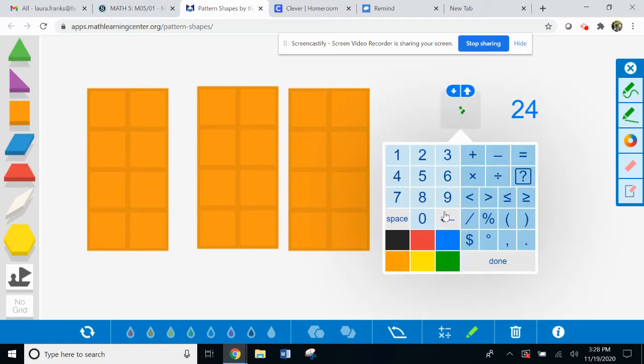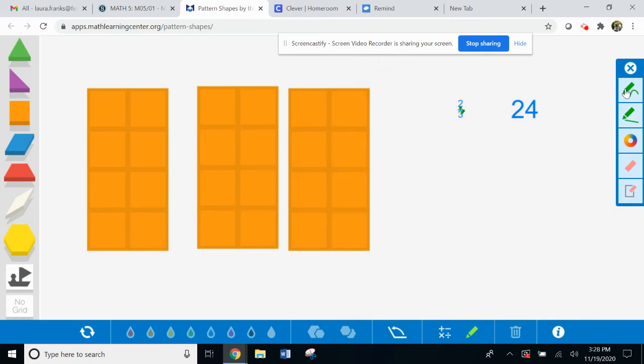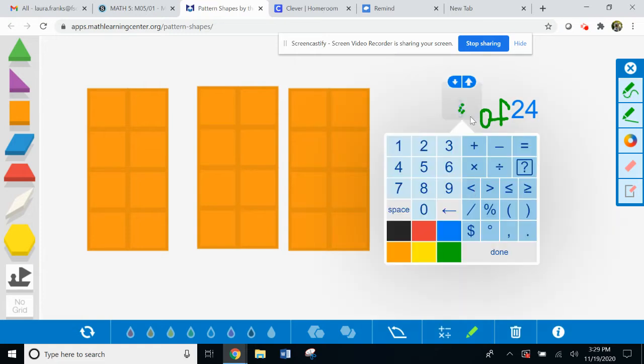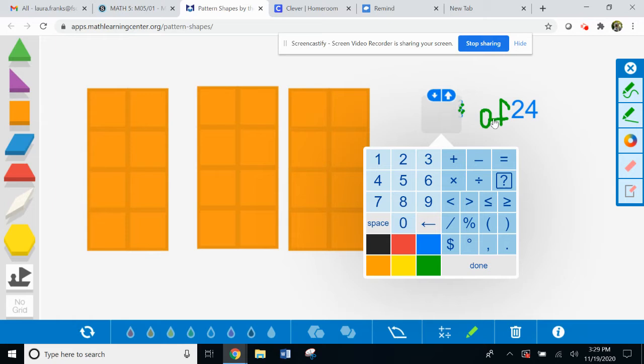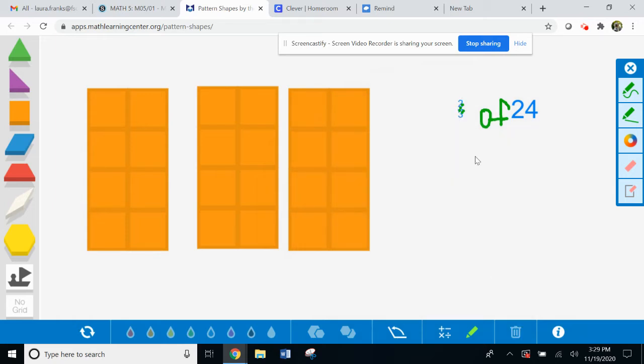Okay, so if I wanted to change my fraction, let's say I wanted to find 2/3 of 24. I'm going to put this over here away from my little dot that I made.